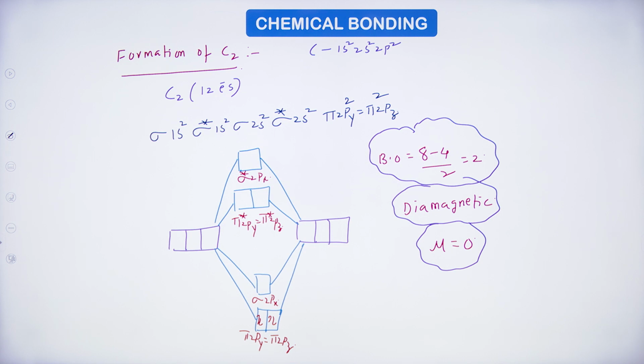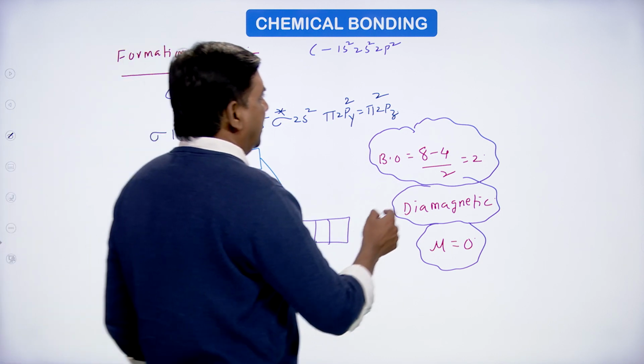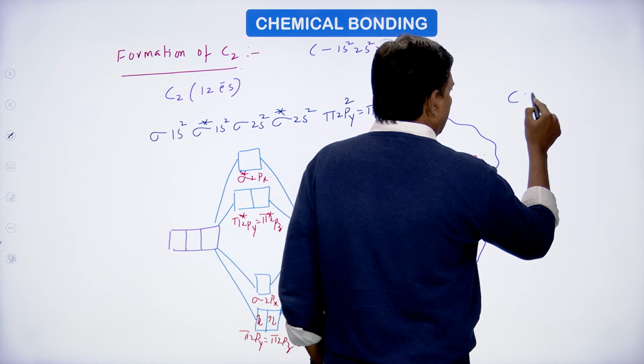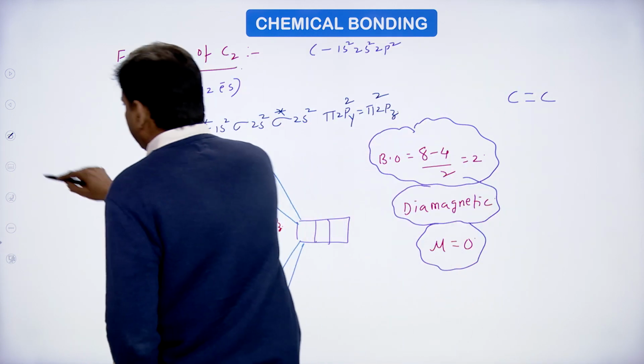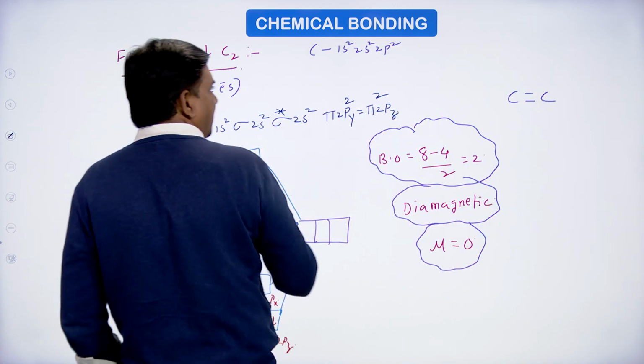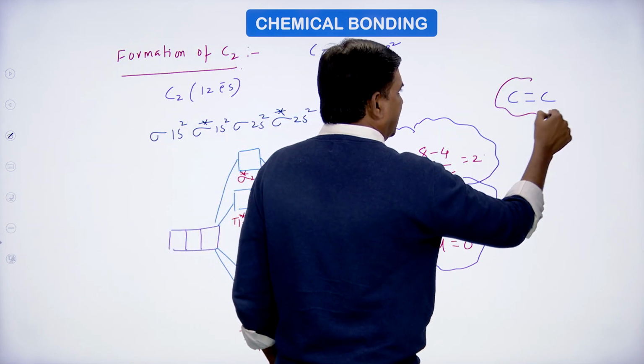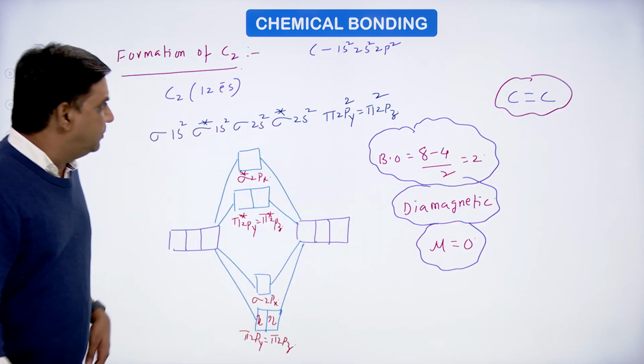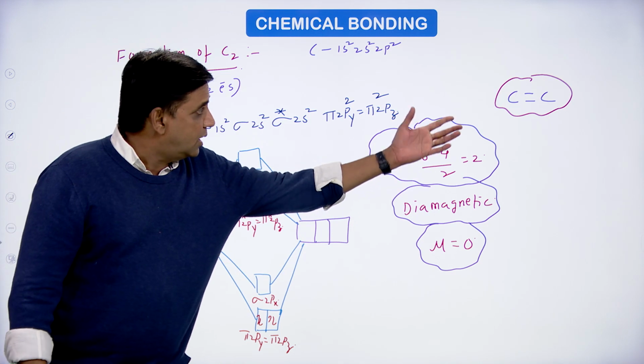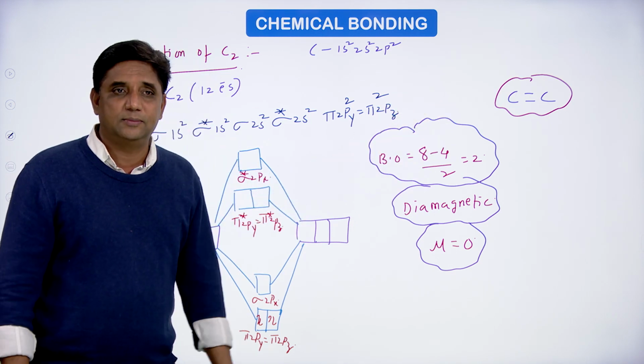So carbon, according to molecular orbital theory, has a double bond between the two carbon atoms, because bond order is nothing but the number of bonds between two atoms. As the bond order is 2 here, a double bond will exist between the two carbon atoms.